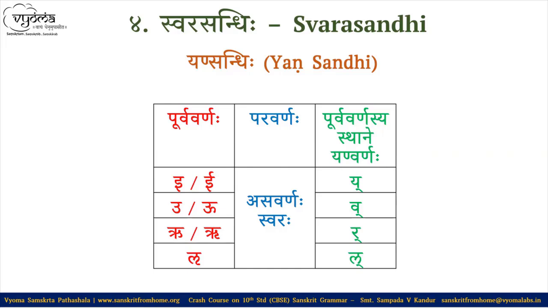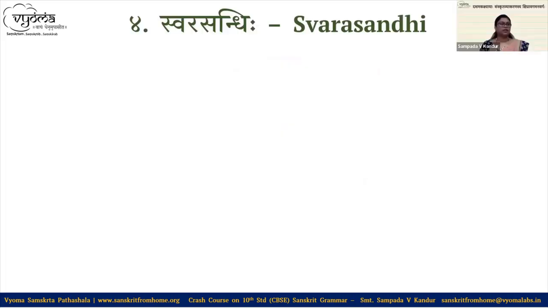I and I changes to Y. Not "and", "or". Okay, fine. I or I changes to Y. U or U changes to V. Ru or Ru changes to Ra. And Lu changes to L. Very good. Thank you, Shruti.